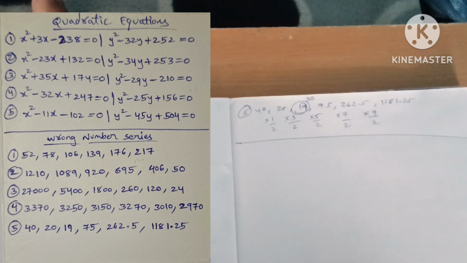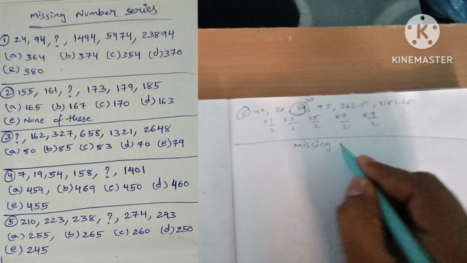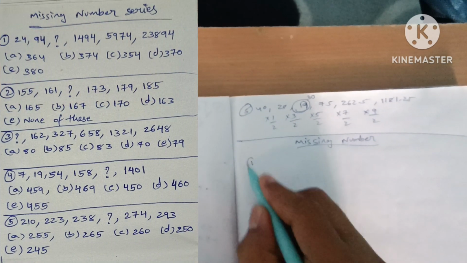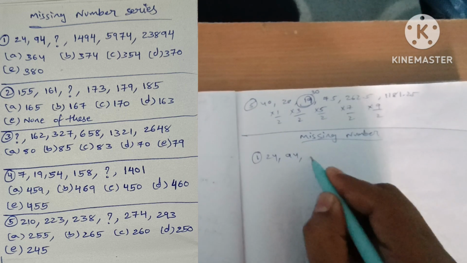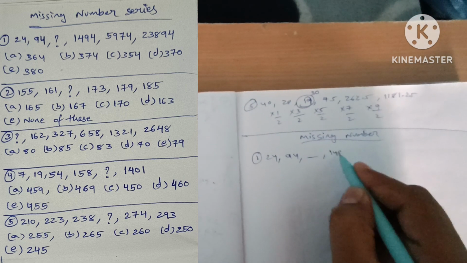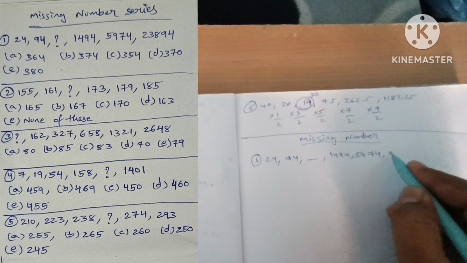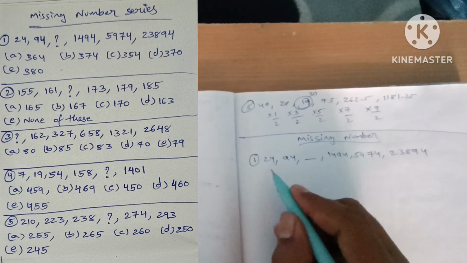Now we go for missing number series. First one: 2494, dash, 1494, 5974, 23894.